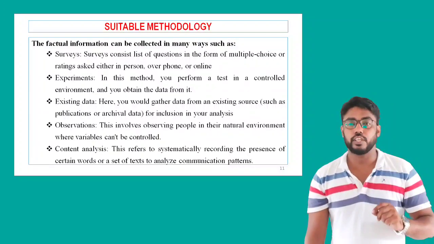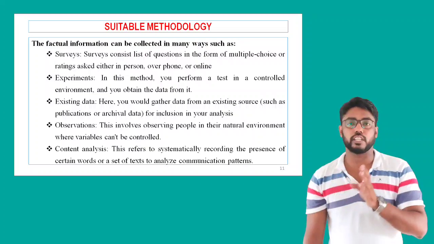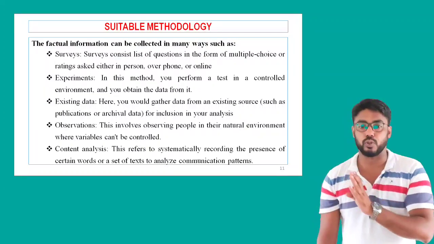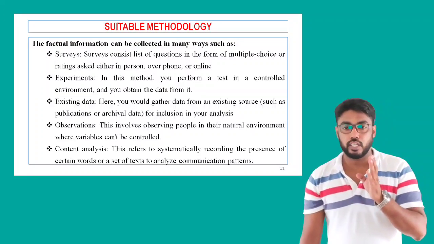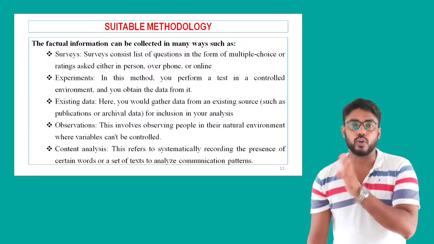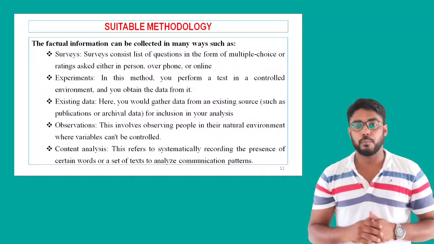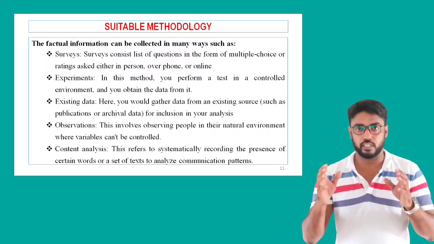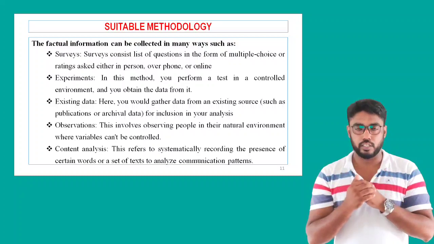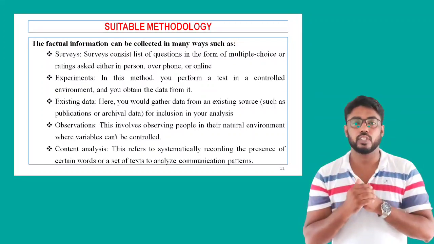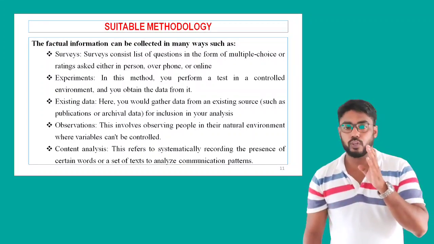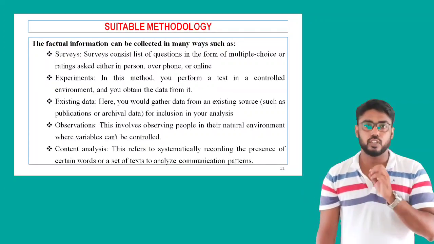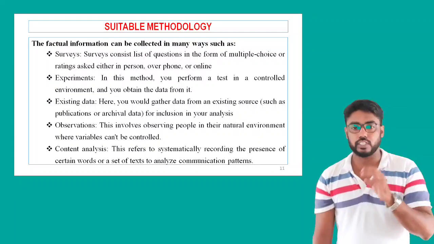You can construct a list of questions in the form of multiple choice or writing, and ask either in person, by phone, or online. You get results as numbers. And the second one is the experiment.